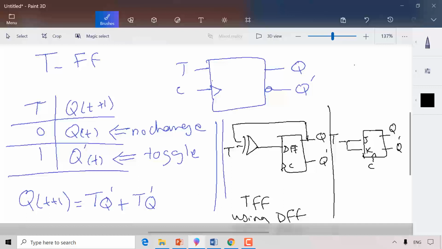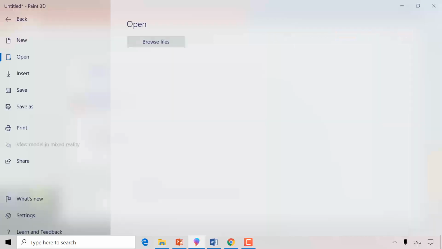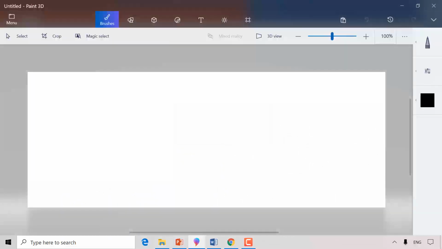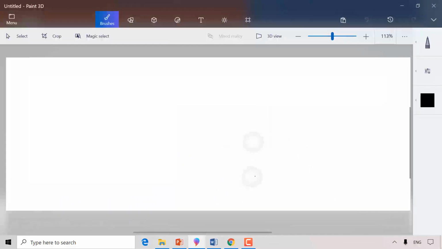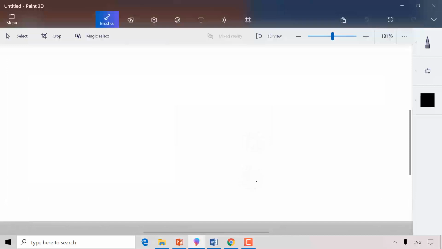For completeness, and I know this is not in your notes, you can think of the D flip-flop as being implemented using two D latches.